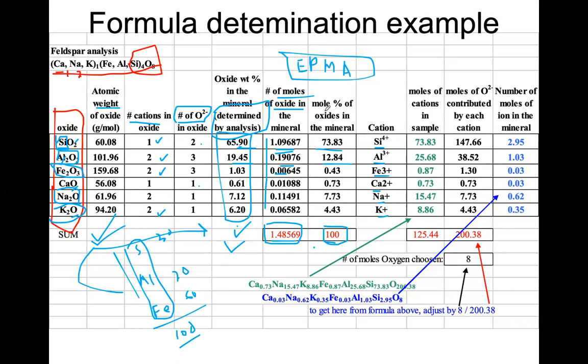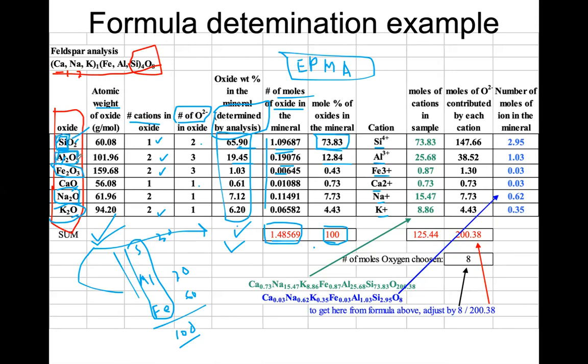You have the mole percentage of oxides in the mineral. You calculated it already. For example, silicon, SiO2, 73.83. So how many elemental silicon moles are there in the molecule? If you have 1 mole of SiO2, you are supposed to have 1 mole of silicon there, right?